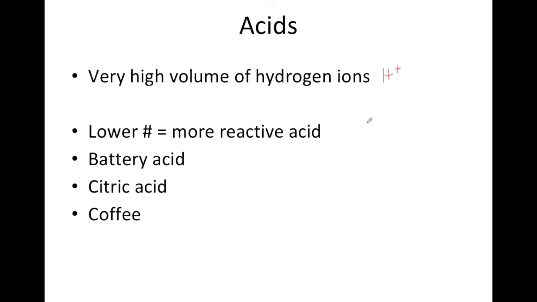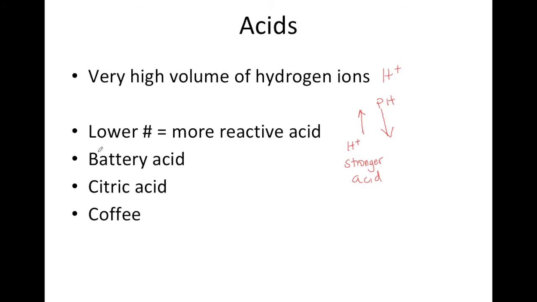So the way pH is written for strong acids is a little bit of an opposite. It's an inverse relation. So the lower the pH number is, the higher the number of hydrogen ions are, and the stronger that acid is considered to be. So it's an inverse. The lower your pH is, the stronger of an acid that substance is.